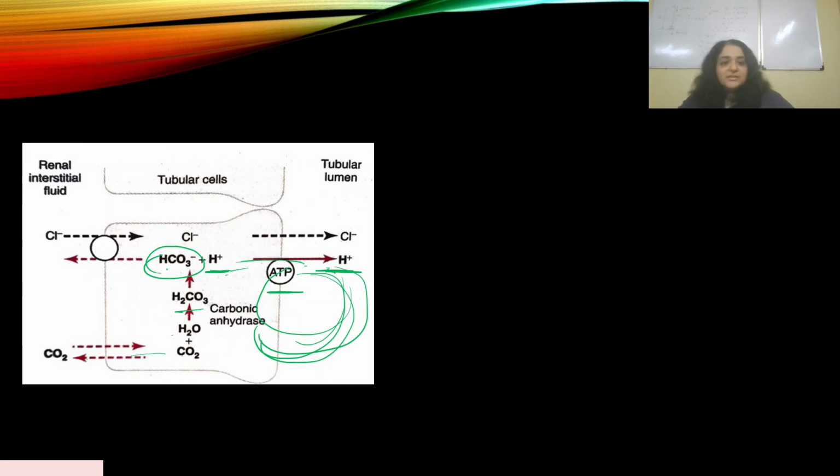Instead a bicarbonate ion is formed, and this bicarbonate ion gets exchanged with chloride ions. So this is another way by which bicarbonate leaves the cells and goes into the interstitial fluid, via the bicarbonate chloride exchange.